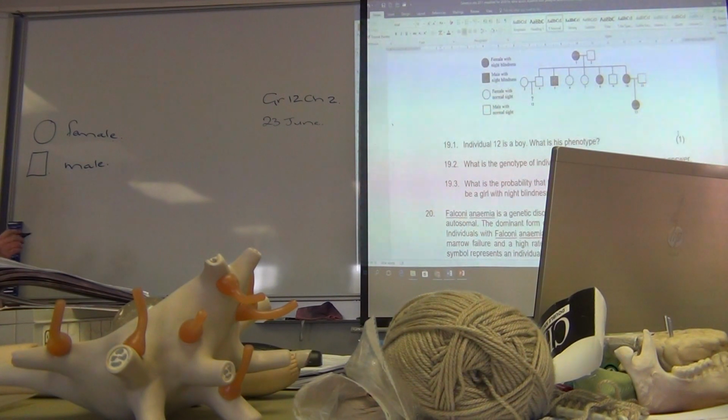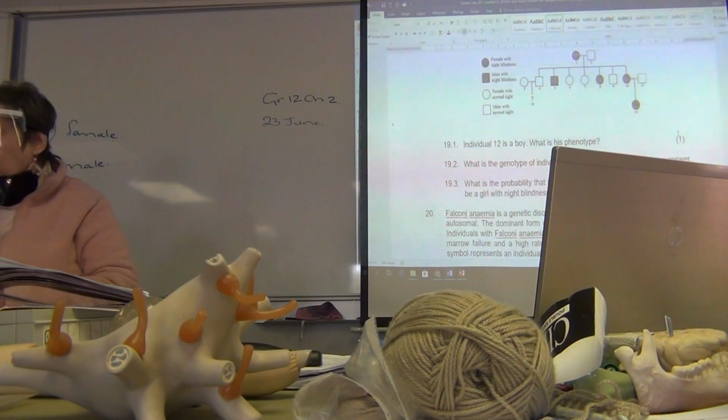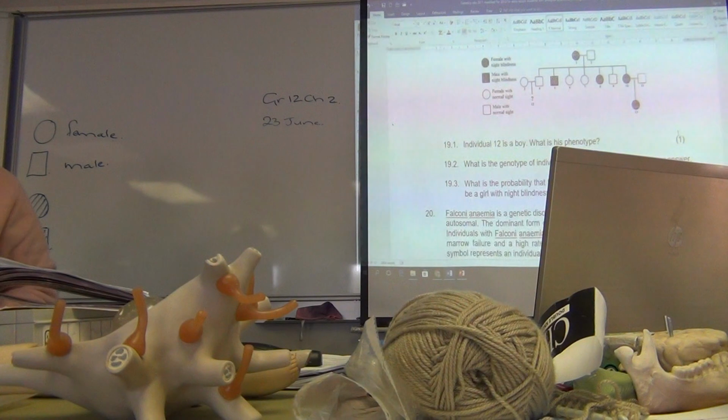Generally speaking, if there is a condition, then the circle or square is shaded in. Okay? You happy? They don't ever show gametes here, you have to work them out.